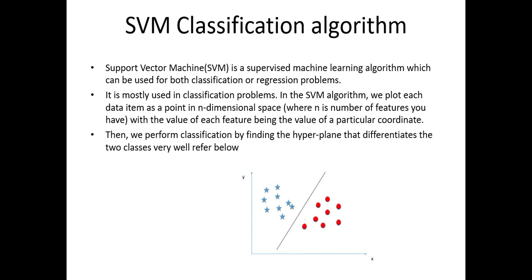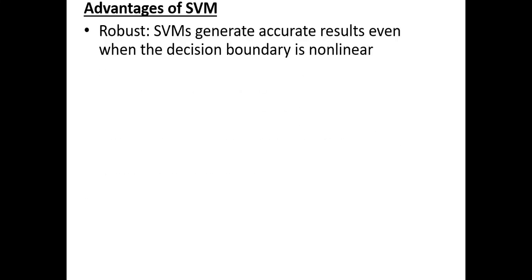Now we will see the advantages and disadvantages of SVM. First point, it is robust. Support vector machine generates accurate results even when the decision boundary is not linear. In the graph which we saw here, the decision boundary was linear, but it will also predict a good result in non-linear classification.